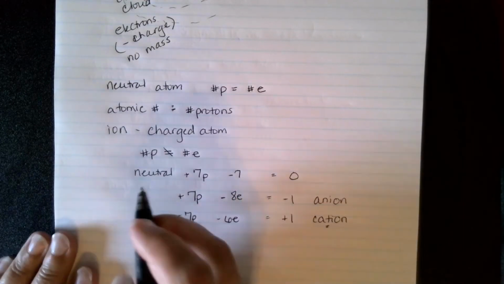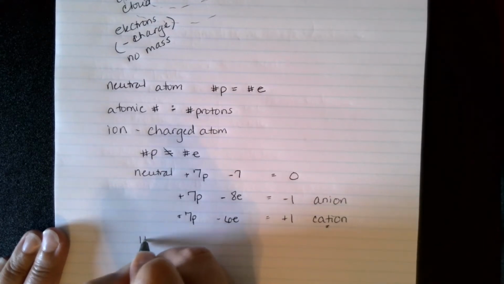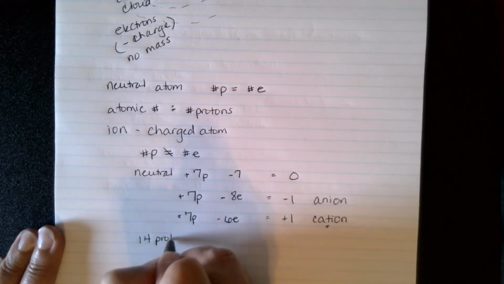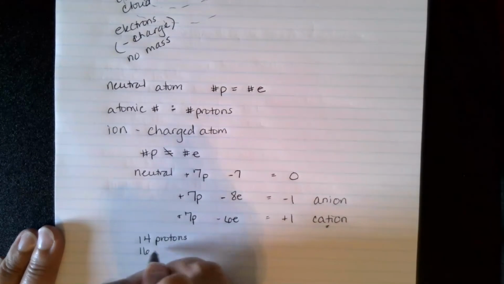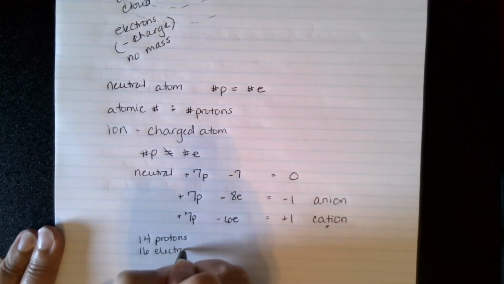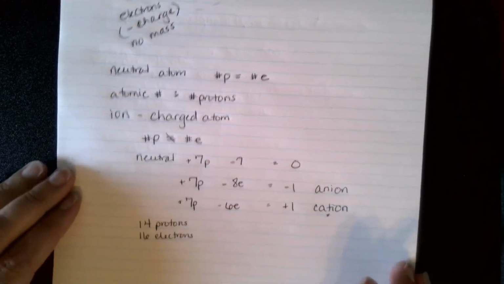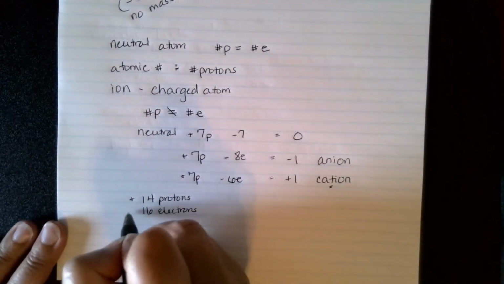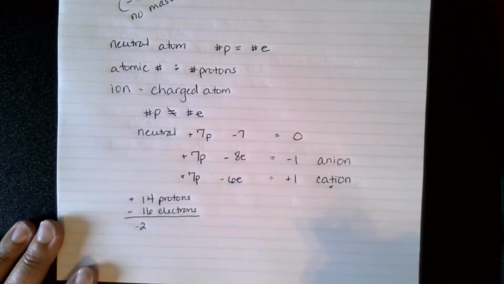Alright, so let's say that we have something that has an atomic number of 14. So it has 14 protons, and then let's say that it has 16 electrons. So if it has 14 positives and 16 negatives, then that means it has a -2 charge.